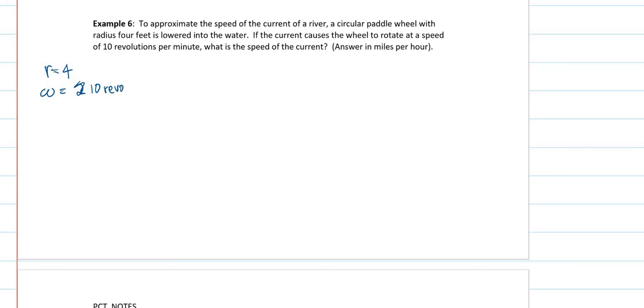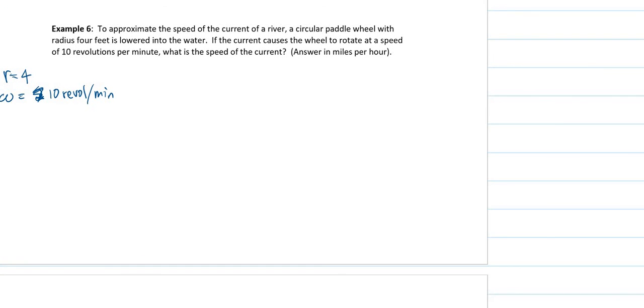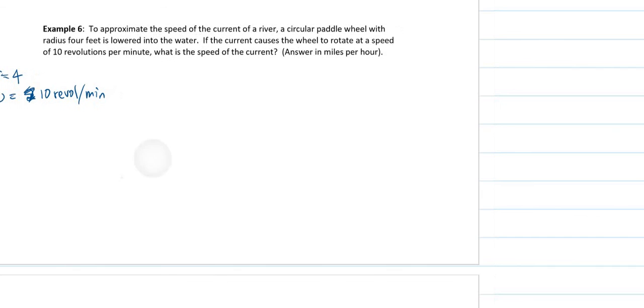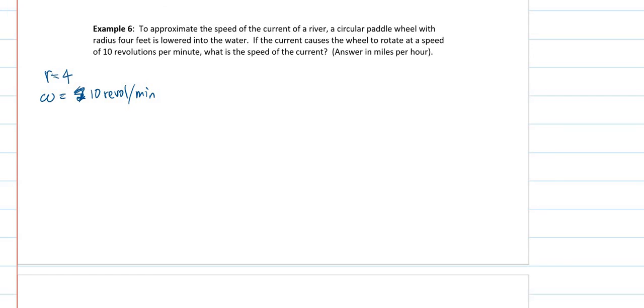We actually have our angular speed because we know it's doing 10 revolutions per minute, and 10 revolutions per minute would be 10 times around the circle, which would be 2 pi. So we know that this is 2 pi times 10 for every minute.